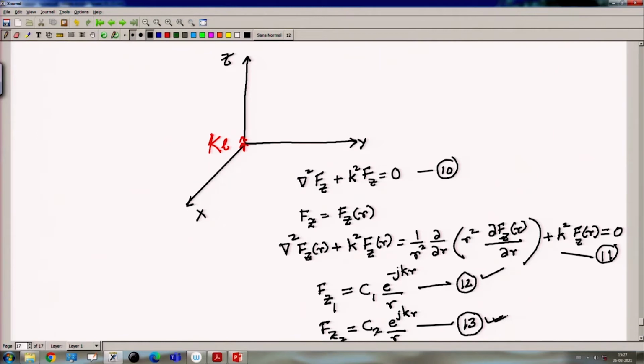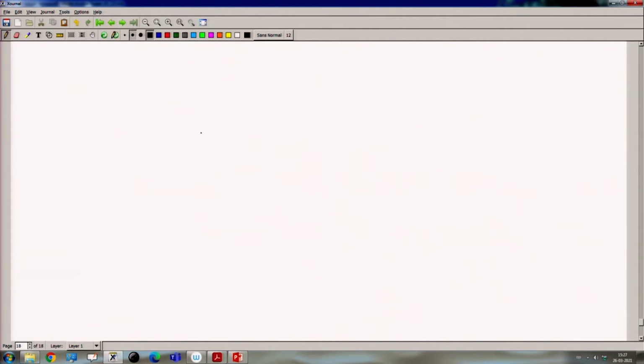So, because the dipole is radiating and it has to obey the radiation condition, we will take the solution to be f z 1.